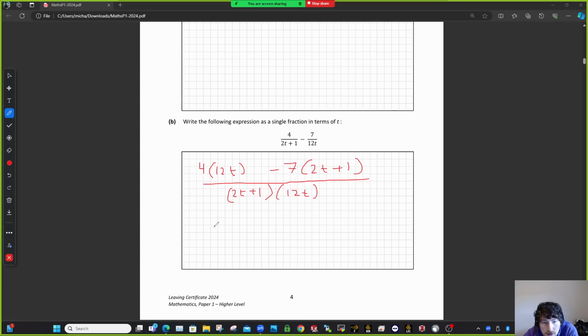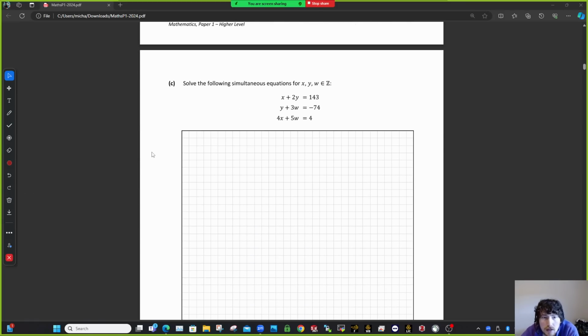Tidying up the top, you get 48, take away 14, that's 34t. And then you have a minus 7, and there's no need to multiply out the bottom. It's neater not multiplied out. And that will be that, because it's a single fraction now, as they want it, and it's in terms of t.